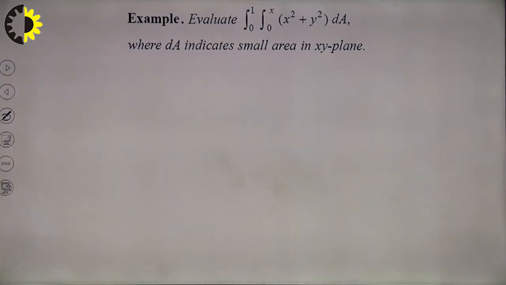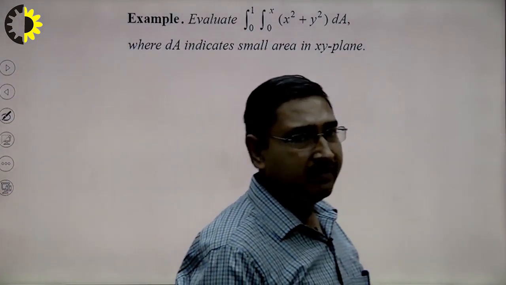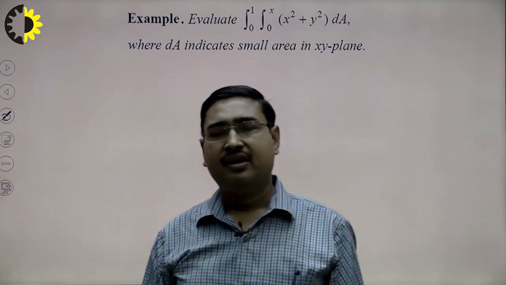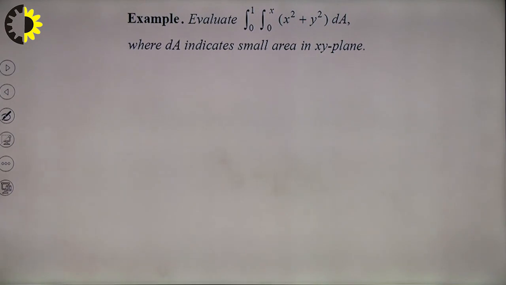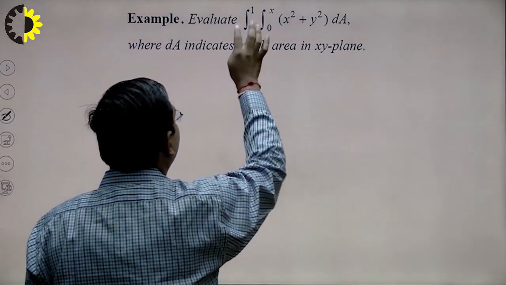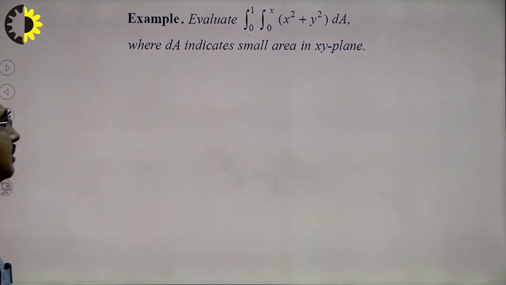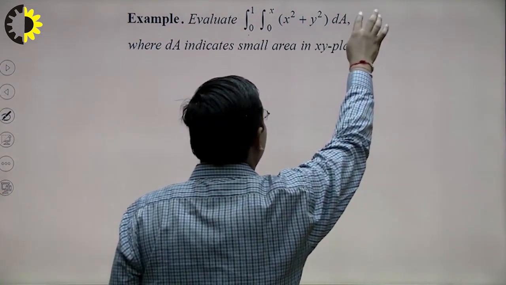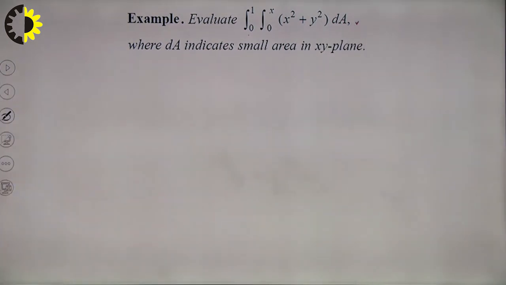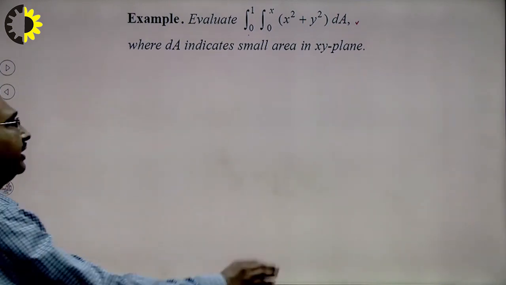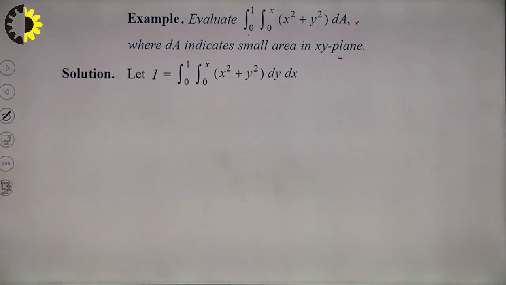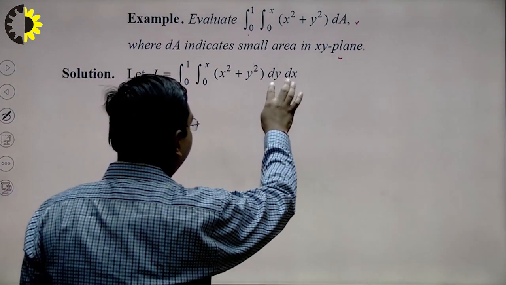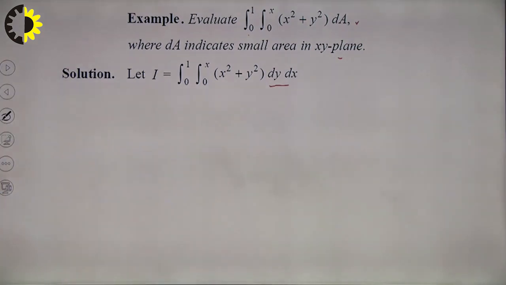Now, we take an example to evaluate a double integral if limits of the double integral are given. The example says, evaluate the integration from 0 to 1, 0 to x square plus y square, dA, where dA indicates small area in the xy plane. In this integral, I can write dA as dy dx, no harm.